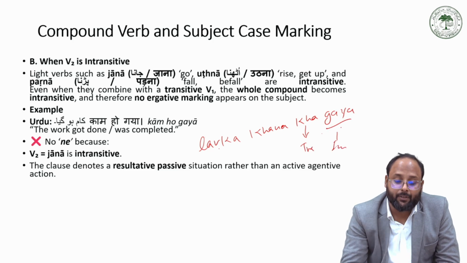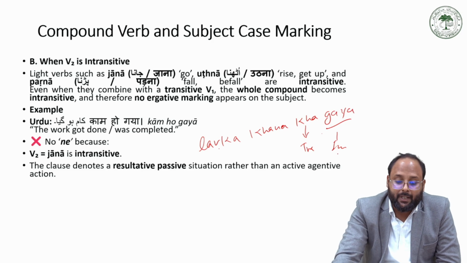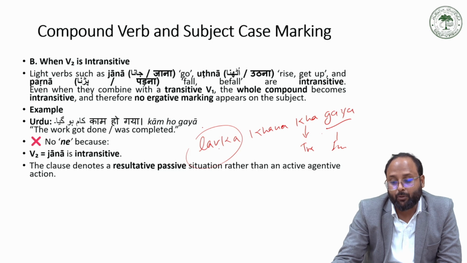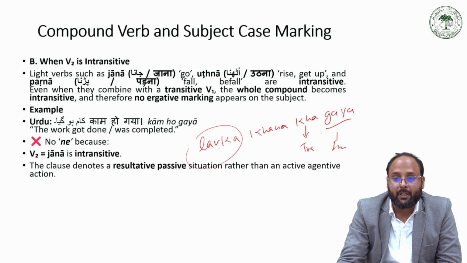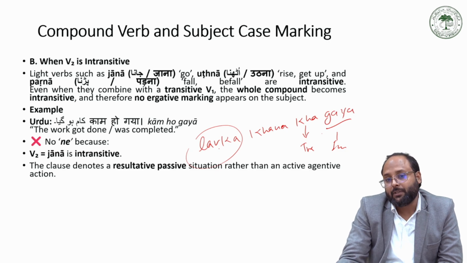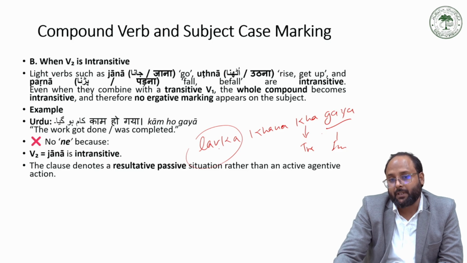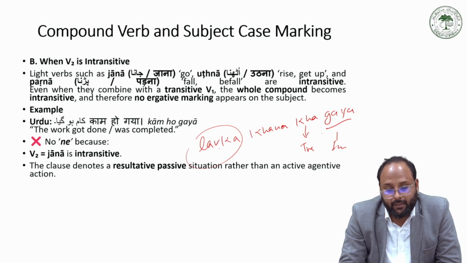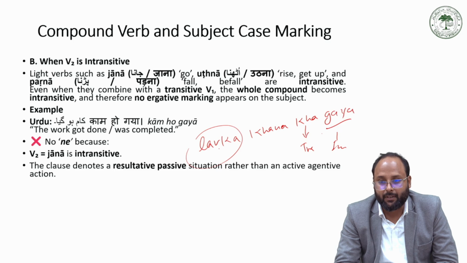So because of this intransitive verb, the subject will not take the ergative ne, even though it is in the perfective aspect. So the perfective aspect alone cannot fulfill the condition; the verb must be transitive also, along with the perfective aspect. In that particular case, it can take the ne subject marking.